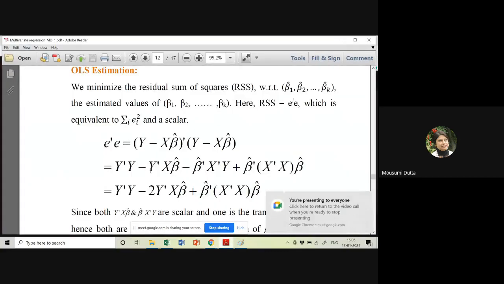So the first term is a scalar, where the order is 1. What about the second term, Y prime X beta hat? What is the order of Y transpose? 1 by N. What is the order of X?